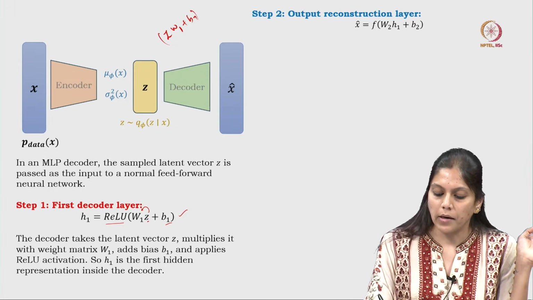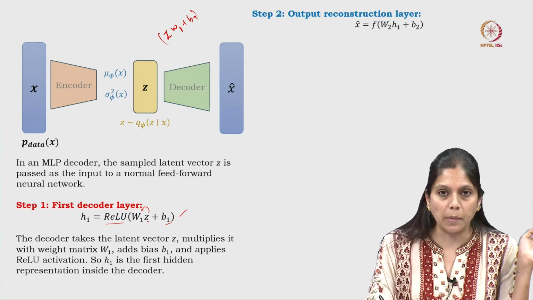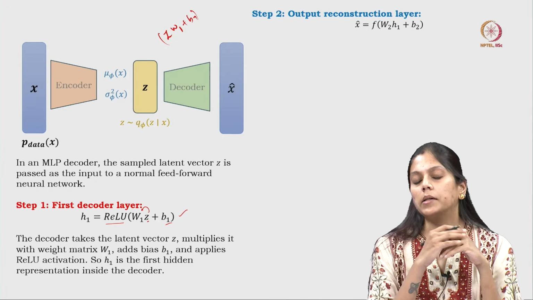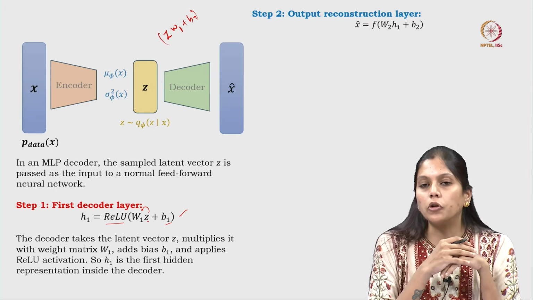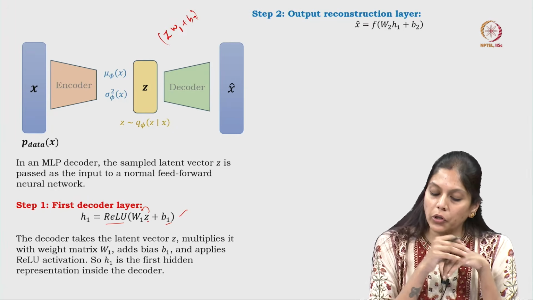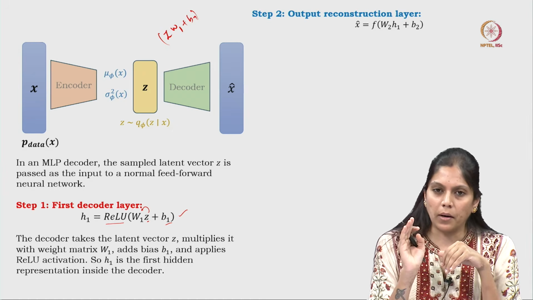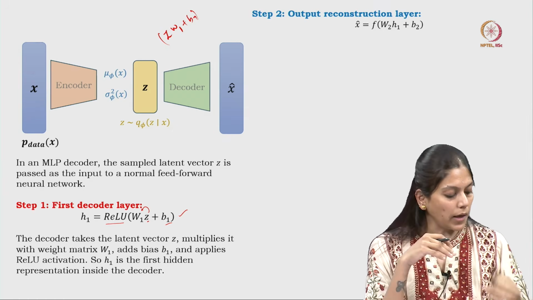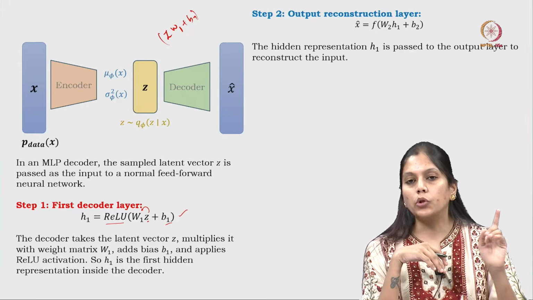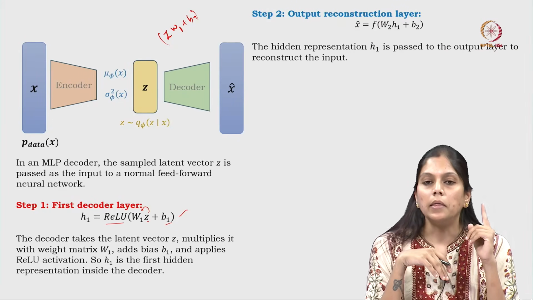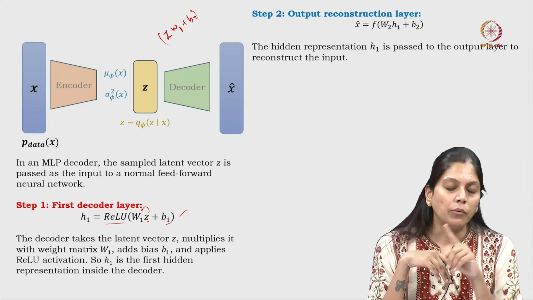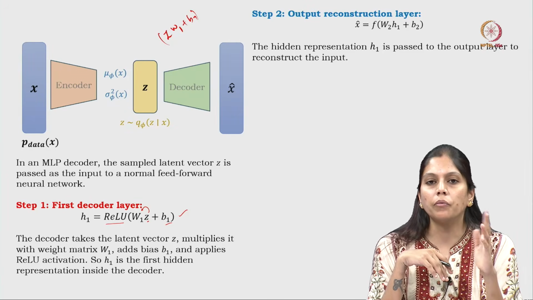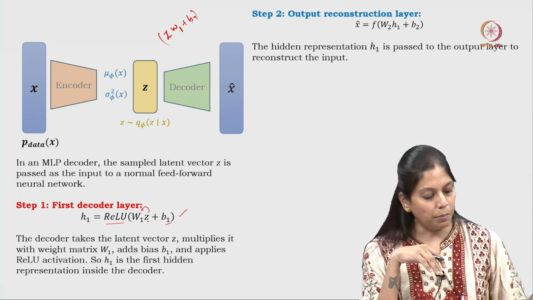H1 gets multiplied with the weight matrix W2, and then we are adding the bias. Now that entire expression you will be passing to an activation function. What activation function? What is F here? That primarily depends on what kind of data we are reproducing. H1 is the hidden representation that is passed to the next layer. Which is the next layer here? It is an output layer, primarily for reconstructing the input.